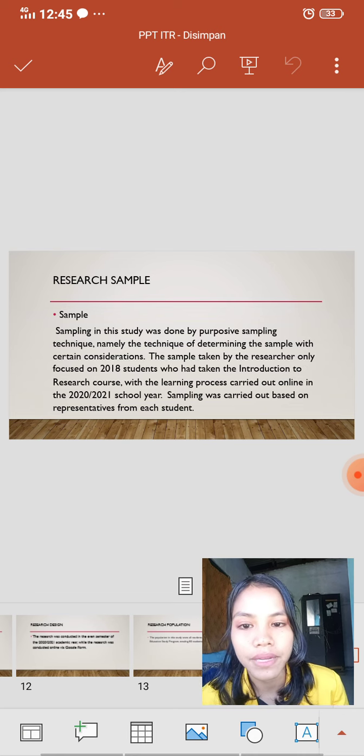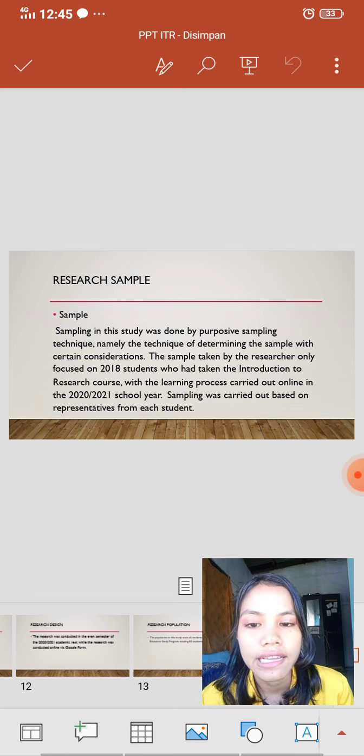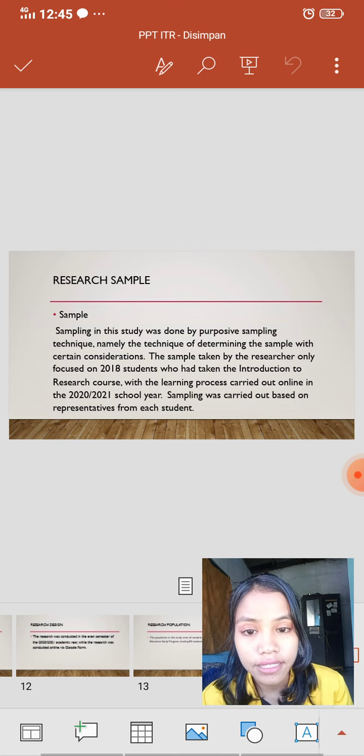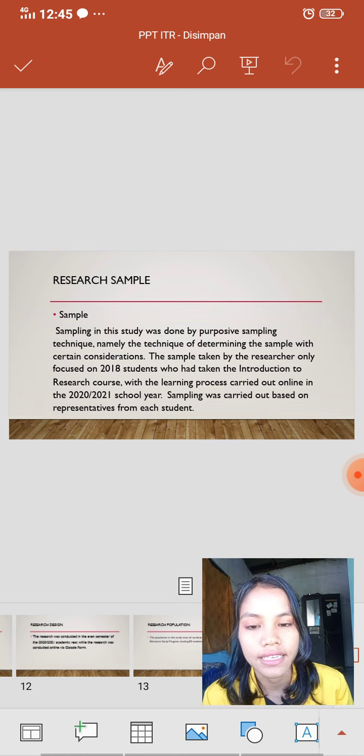Research sample. Sampling in this study was done by purposive sampling technique, namely the technique of determining the sample with certain considerations.